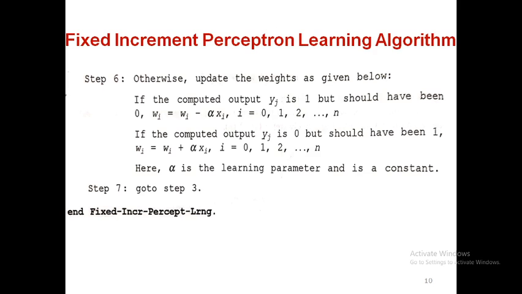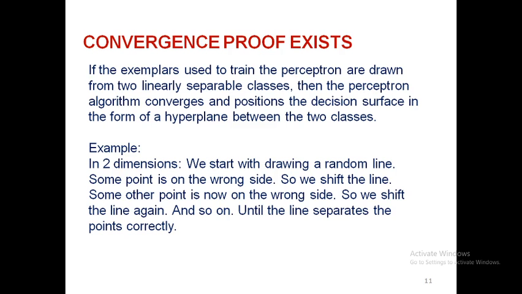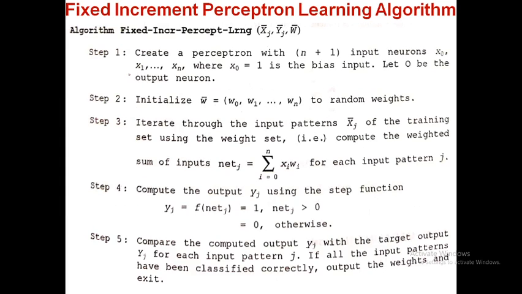After all the steps are processed, it will go to step 3 again, which means iterating the input parameters xj.